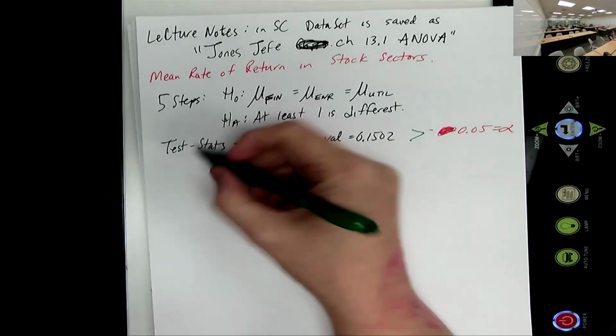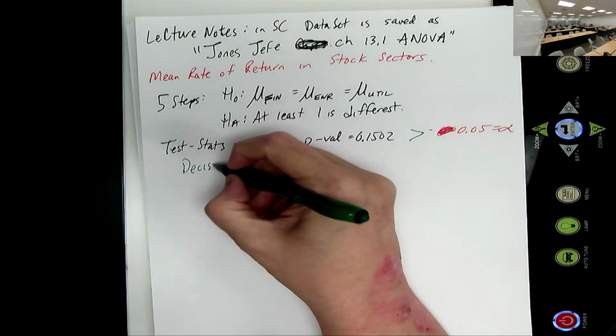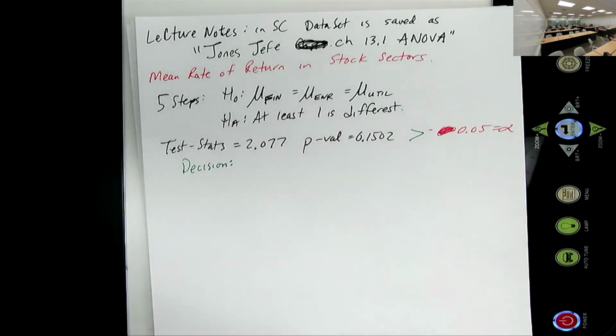What does that do for our decision? Again, anybody but Krista. We'll let you do the next one. I know you just like, let's get this done. Don't reject the H naught.